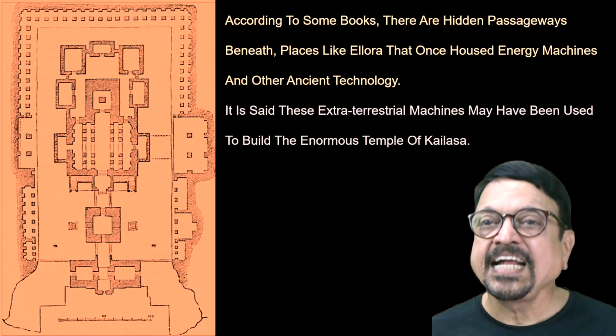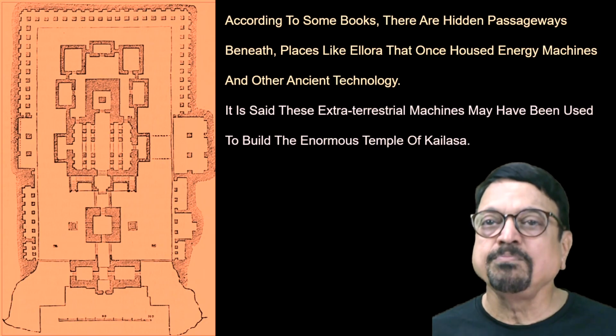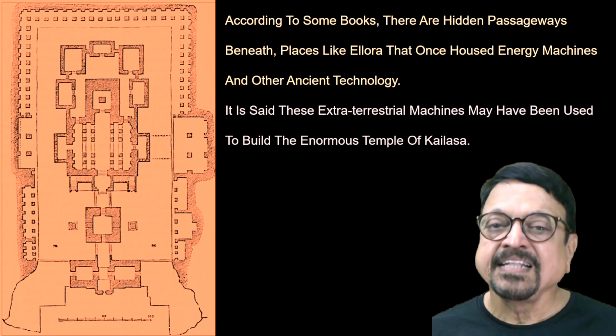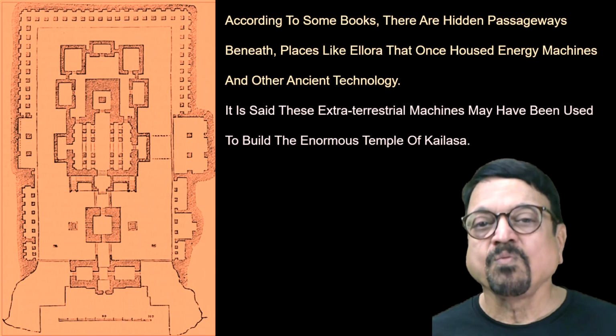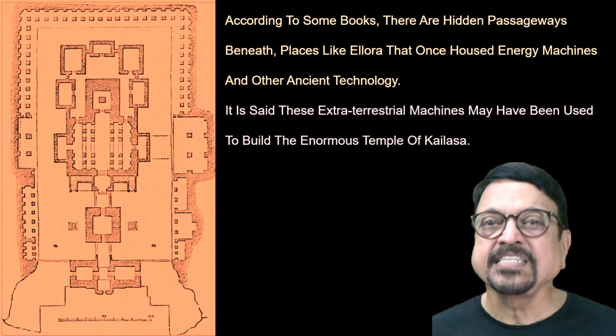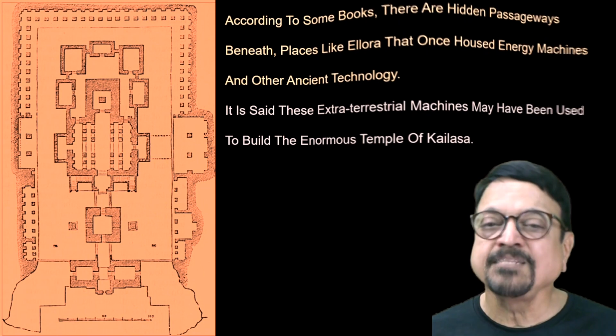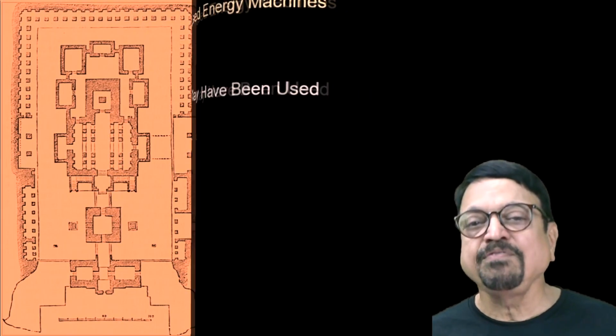It is said that extraterrestrial machines may have been used to build the temple, and the basement, or the underground tunnel, was to keep these equipments. But we really do not know the exact origin, but it is mysterious because basically we feel that it is superhuman. It cannot be done by primitive tools like a small chisel and hammer.